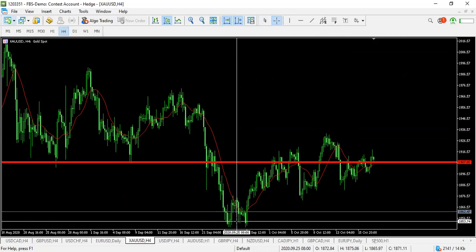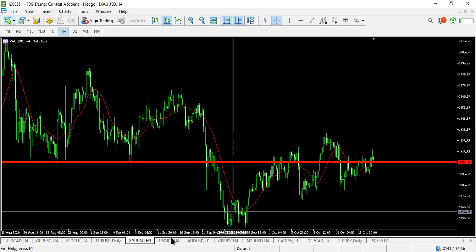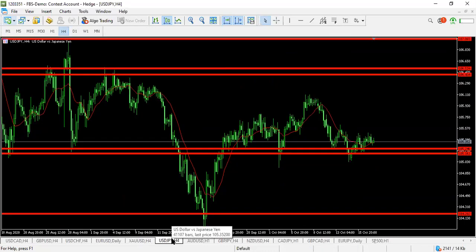And the last one but not least is the USD JPY. The buy zone, we want to consider long positions at 104 zone here, 104.20 or 104 straight, all the way to 108.